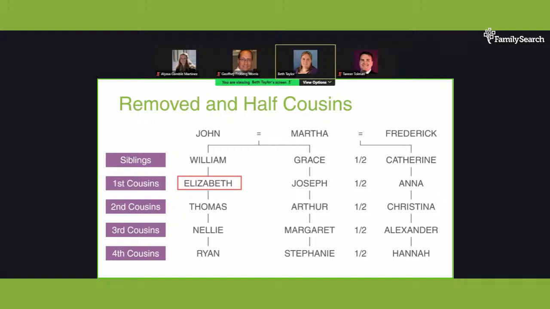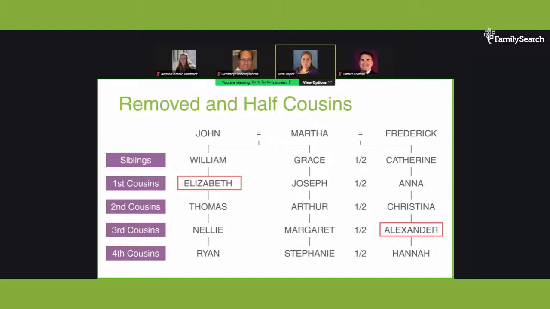Then we've got half relationships, like Grace and Catherine are half siblings. You've got full relationships, like Elizabeth and Joseph are first cousins. And then removed relationships are just when the two individuals don't have the same number of generational count back to the common ancestor. So Elizabeth and Alexander are going to be 2 generations removed, because Elizabeth and Anna are half first cousins and Alexander's a 2-generation count down from that.